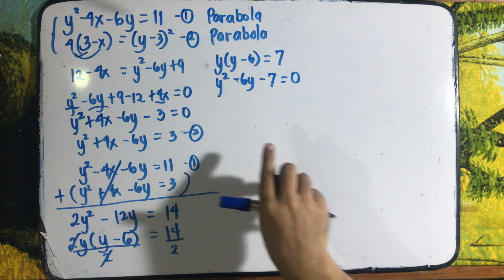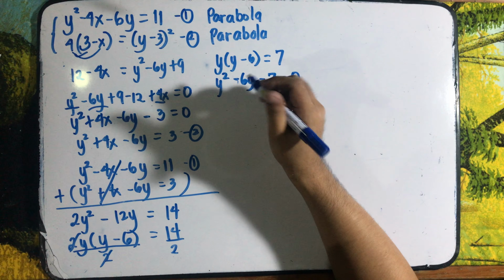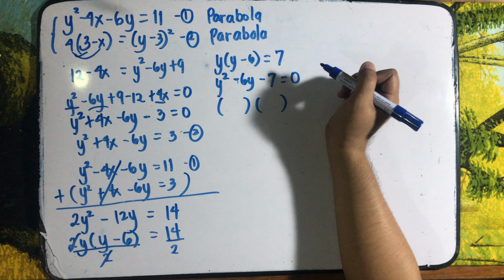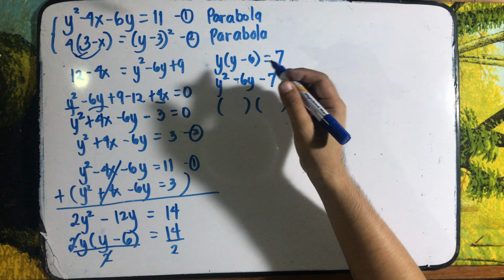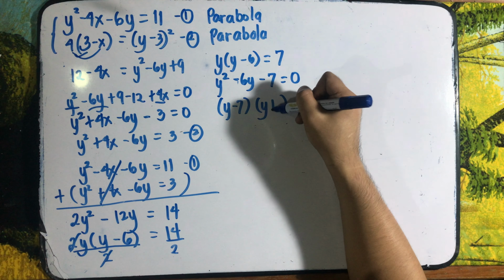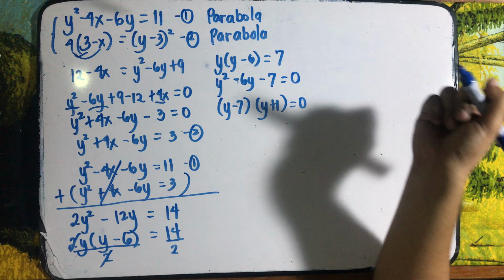If I have y squared minus 6y minus 7 is equal to 0, I'll now be getting the factors, and the factors would be y minus 7 and y plus 1 is equal to 0.